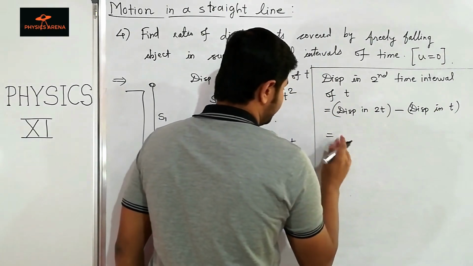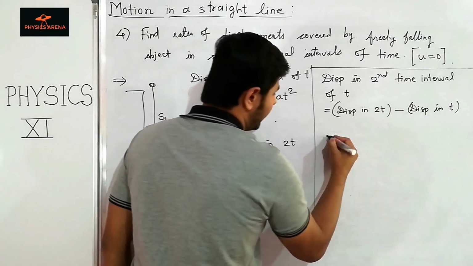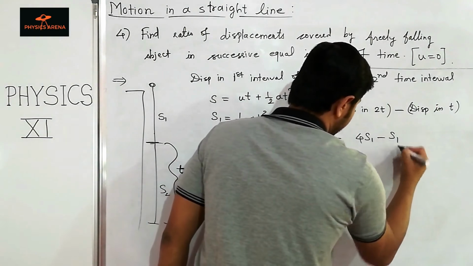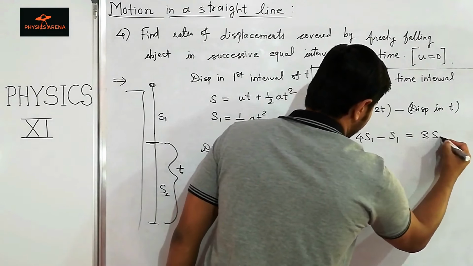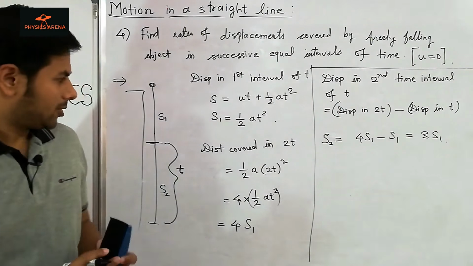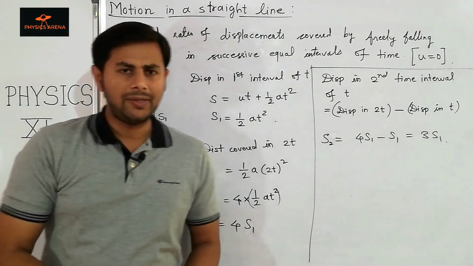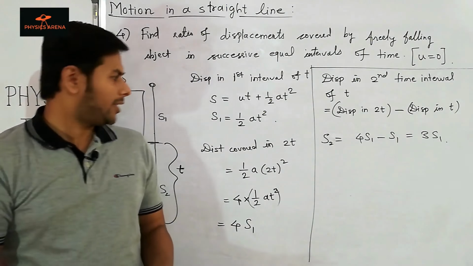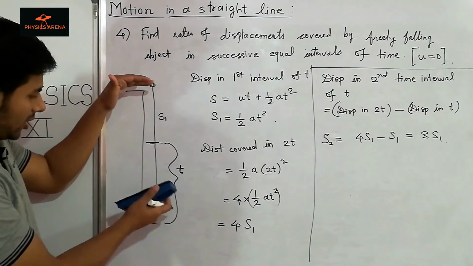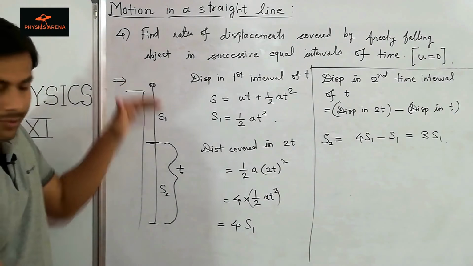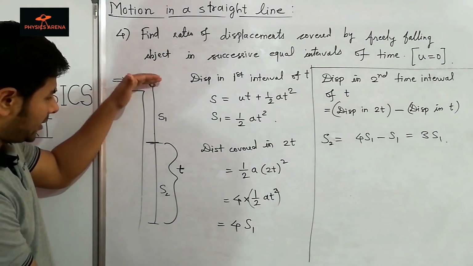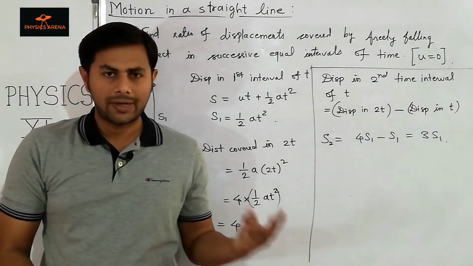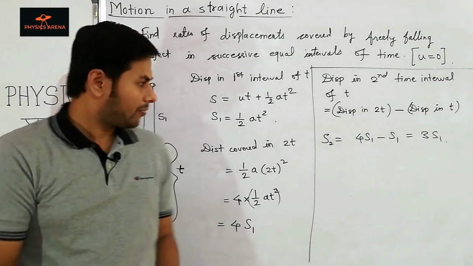I will denote this by s2, and it is 4s1 minus s1, which is 3 times s1. Good. Now let's find the displacement in the next time interval, and for that we'll need the displacement in 3t.